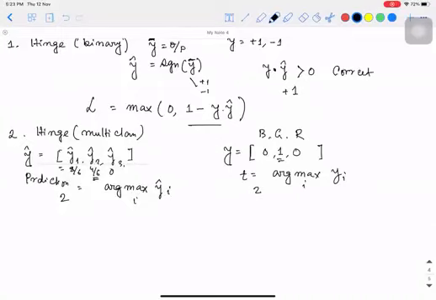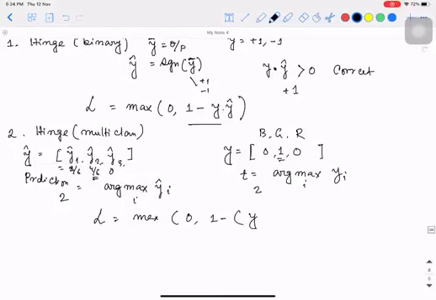Okay, so loss would be max 0, 1 minus y, and let's name it. Let's call this k, the class k. So yk cap, and this is t.